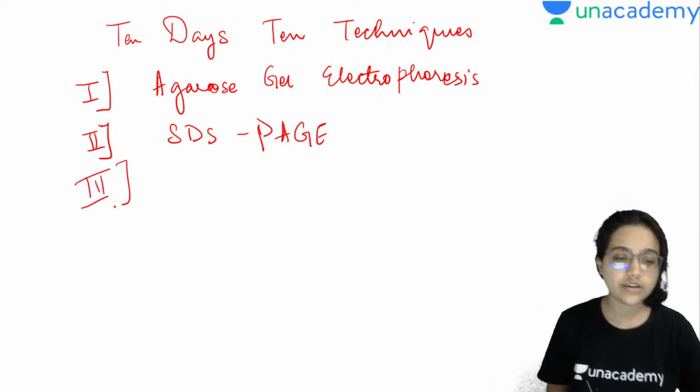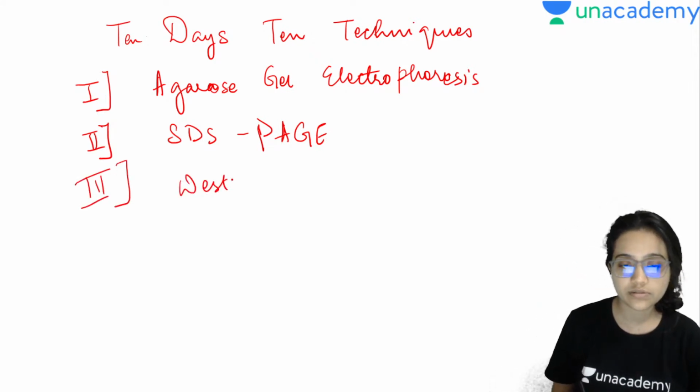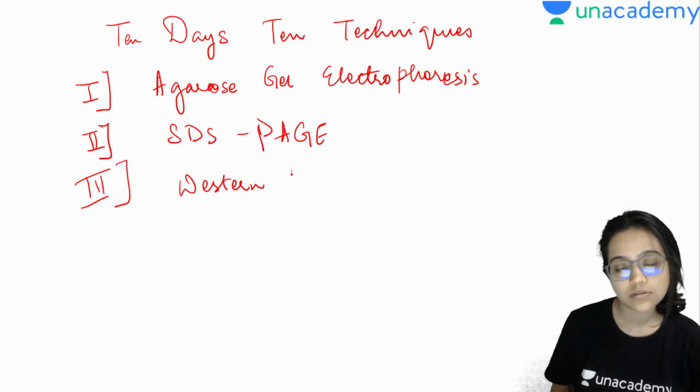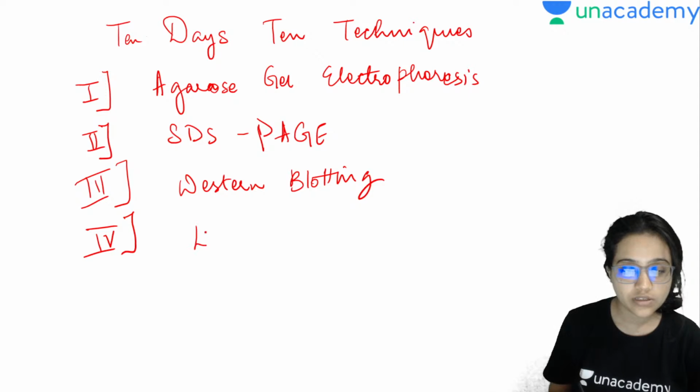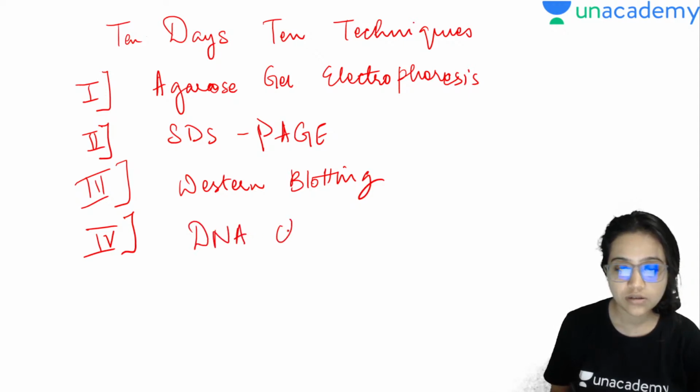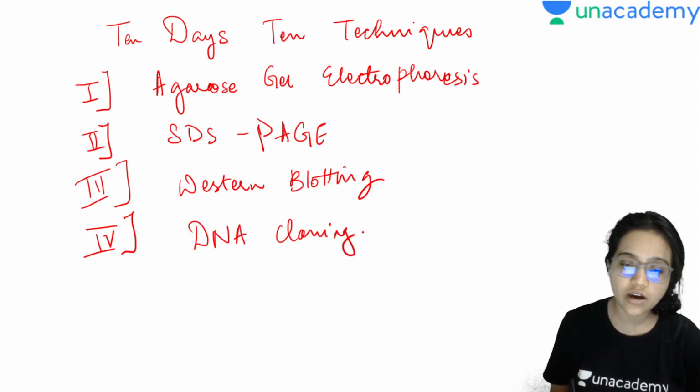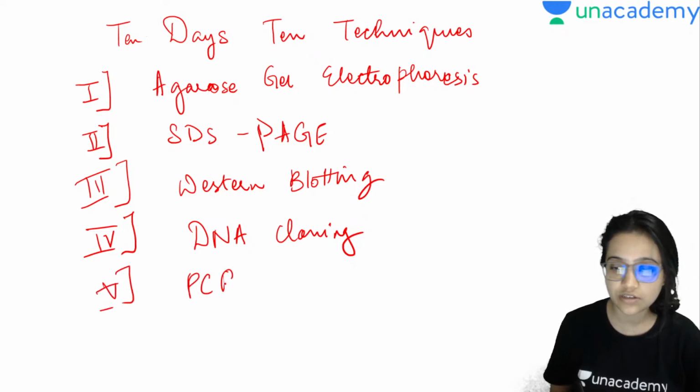On the third day, we covered Western blotting. In the fourth session, which happened today at 4, we covered DNA cloning. And today I am going to teach you PCR in this session.